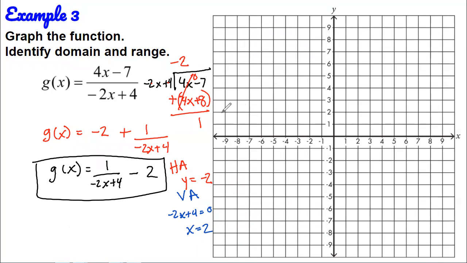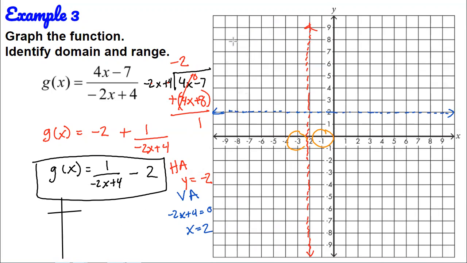So let's go ahead and graph them. Positive 2 right here. This is at negative 2, so right here. Okay, let's create our table. Wait, x equals 2. Sorry, guys.